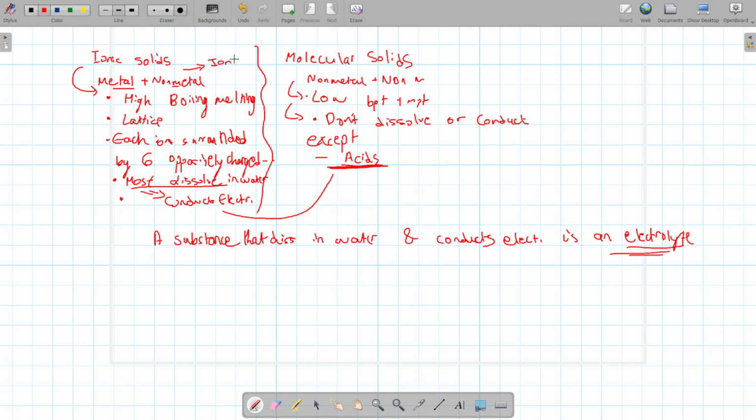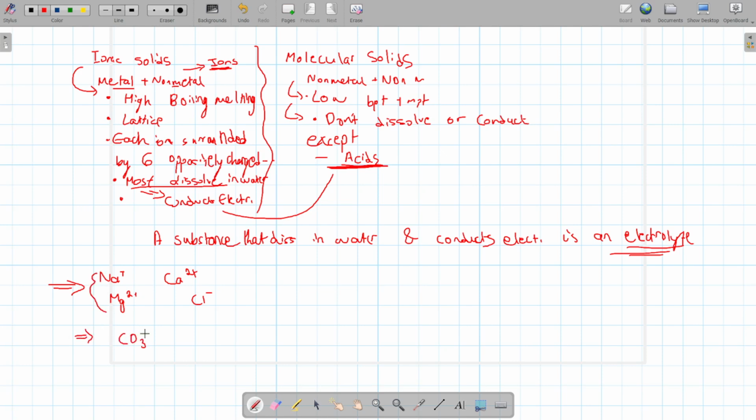Ions always have a charge. You could say Na+, Ca2+, Mg2+, Cl-, what else? CaCO3. So it could be in the form of an atom, or in the form of a molecule.